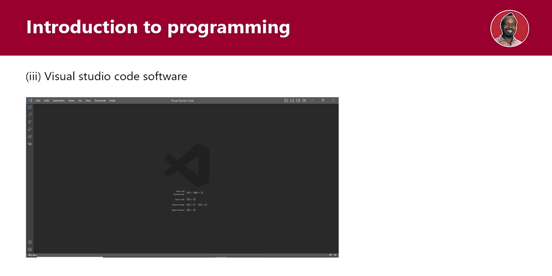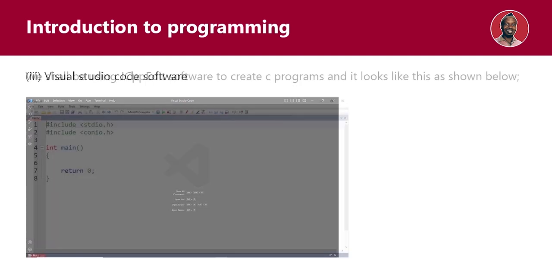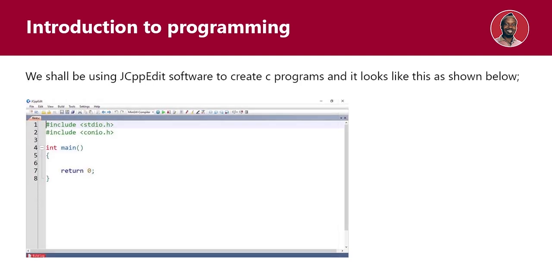Actually, I prefer using Visual Studio for writing code for web development. So we shall be using GCPP Edit software to create C programs and it looks like this as shown below. So this is the interface of how the software that we are going to be using to create C programs looks like.